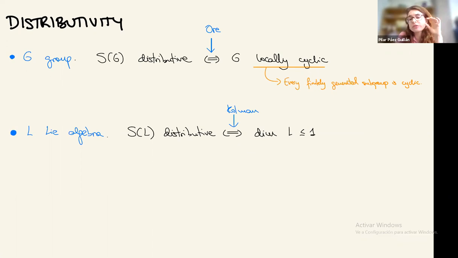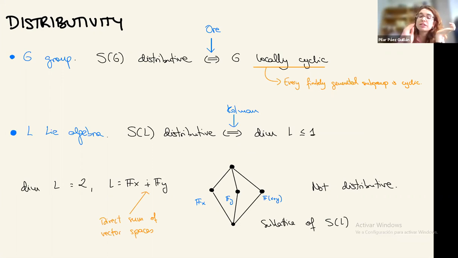The idea is first to focus on dimension 2. If I pick a Lie algebra in dimension 2 with a basis formed by two elements, x and y, it's clear that the linear span of one element of the basis, x, will be a one-dimensional subalgebra, and also the other one. I have these two subalgebras, Fx and Fy, both one-dimensional. But also, if I pick a linear combination of the elements of the basis, I will again have a subalgebra of dimension 1.